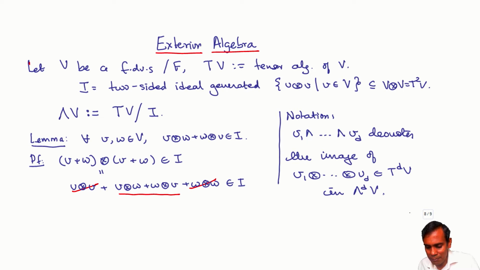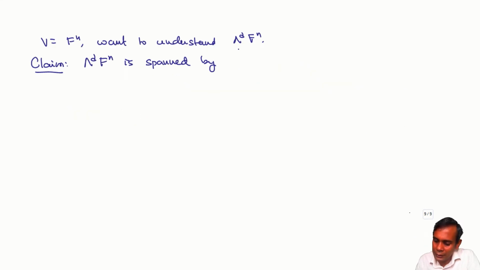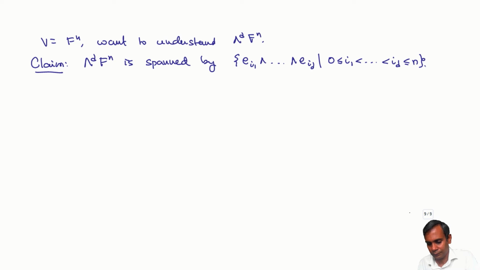So what is wedge d V? It's just the image of T^d V modulo I. Okay, I claim that wedge d F^n is spanned by vectors of the form e_i1 wedge through e_id, where we can take these indices to be in increasing order. Why is this?